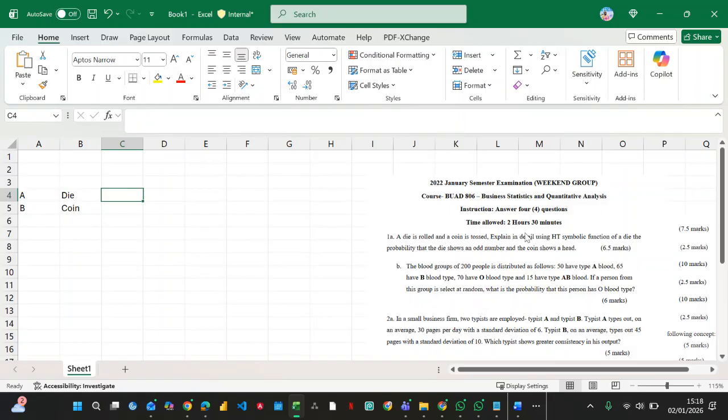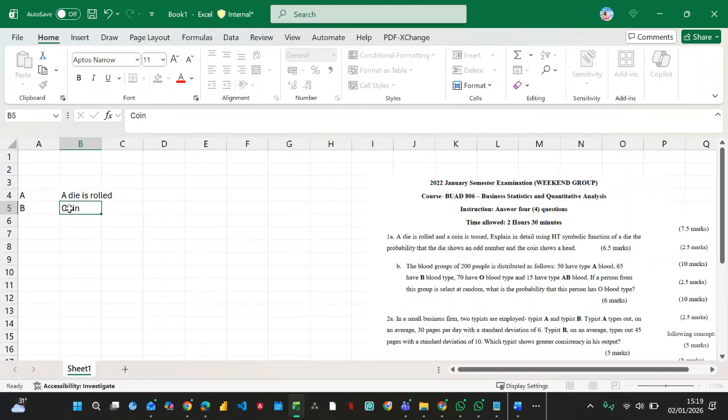So we have A and B. A is talking about a die, and B is talking about a coin. So in step two, this is just the event that I'm talking about.